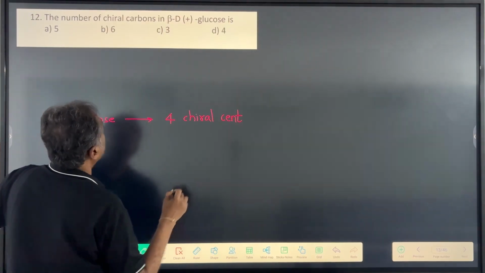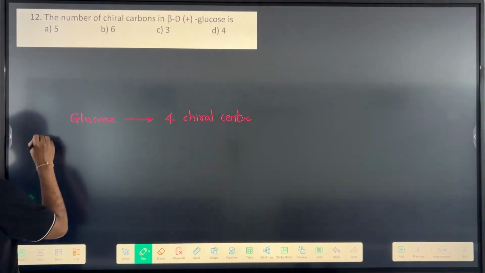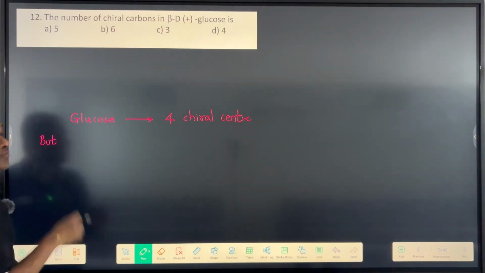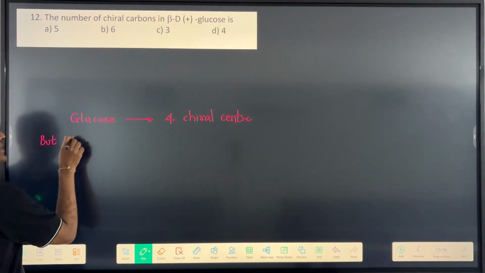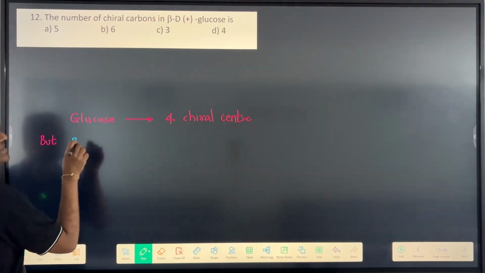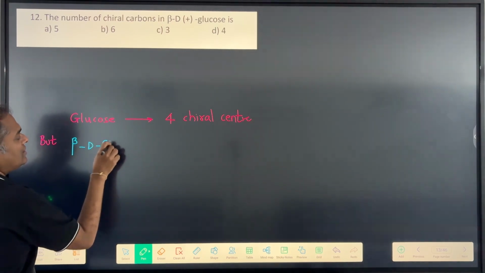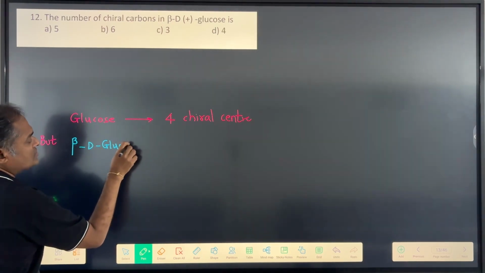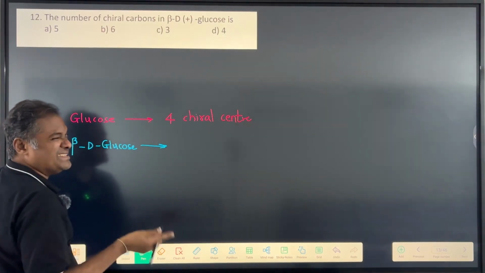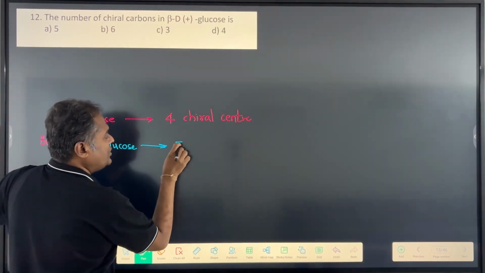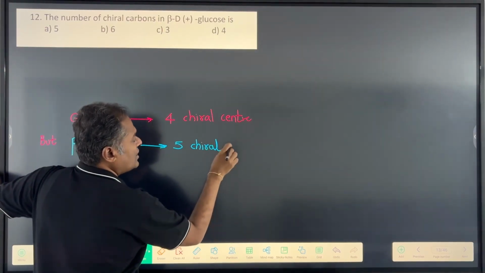It's 4 chiral carbons. But when glucose forms a cyclic ring, let's say the example given to us is beta D glucose, then what happens? Your number of chiral centers increases by 1, so it contains 5 chiral carbons.